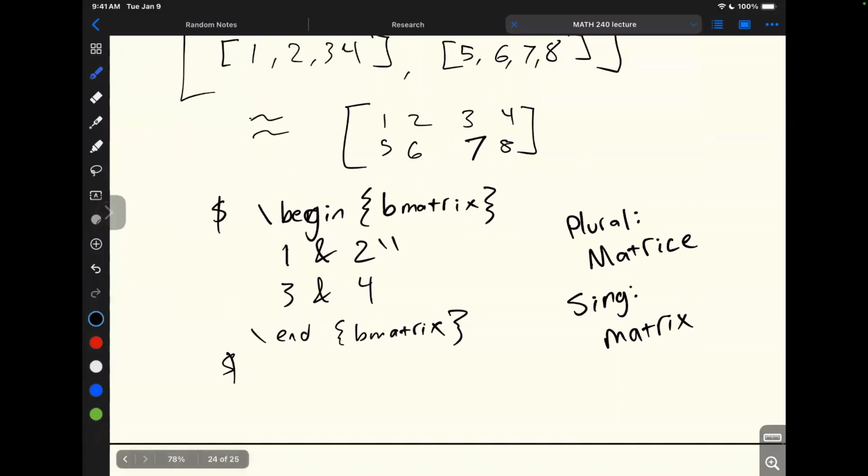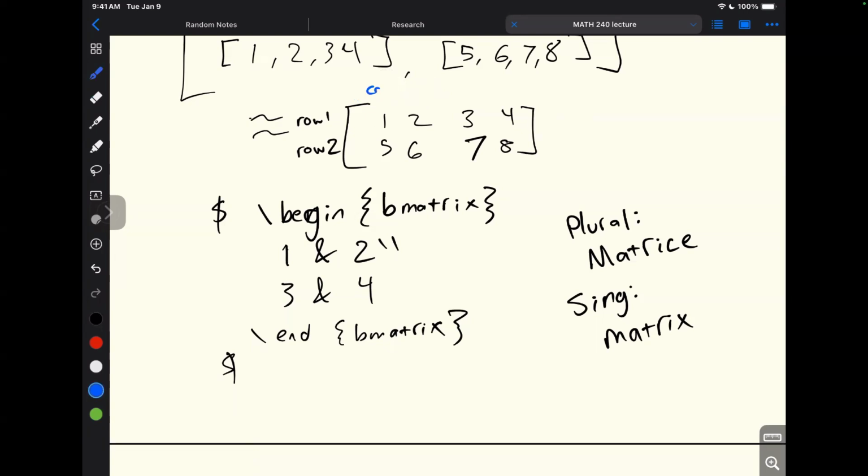And so a matrix is going to have rows and columns. This is going to be row 1. This is going to be row 2. This is column 1, column 2. Here, let's make it a different color.